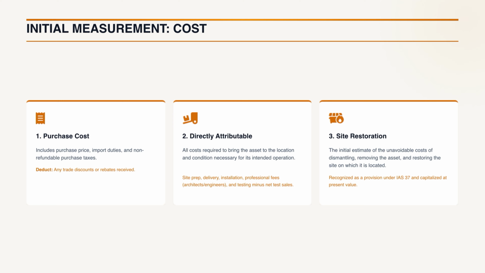These are any expenses necessary to bring the asset to the location and condition needed for it to operate in the manner intended by management. This includes delivery, installation, site preparation, professional fees like architects, and testing costs, net of any sales proceeds from test runs. Third, the site restoration and dismantling provision. This represents the present value of the unavoidable cost of dismantling the asset and restoring the site at the end of its useful life.